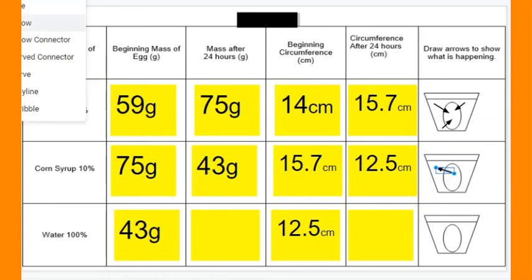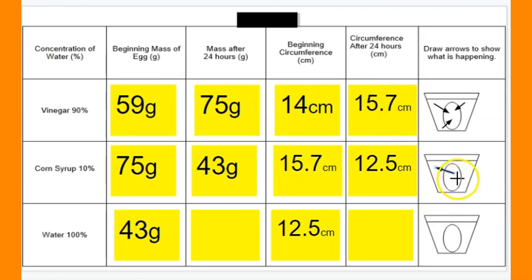Easy to do here on the top of your slides. There's another one. And we'll do one more. And now we're showing that the water molecules left the egg, right?